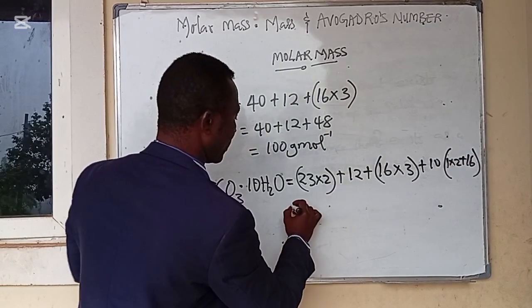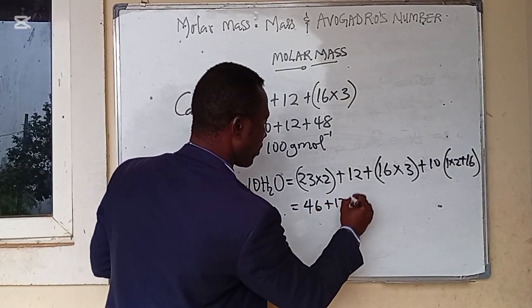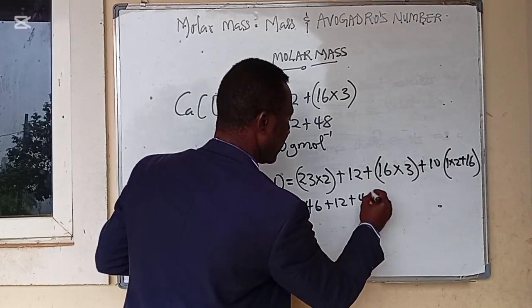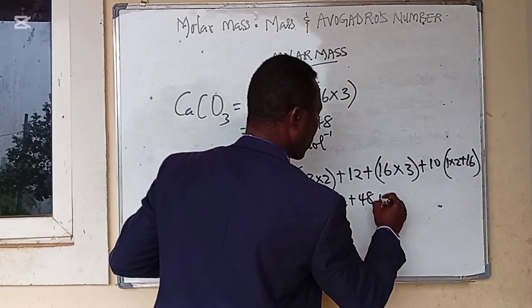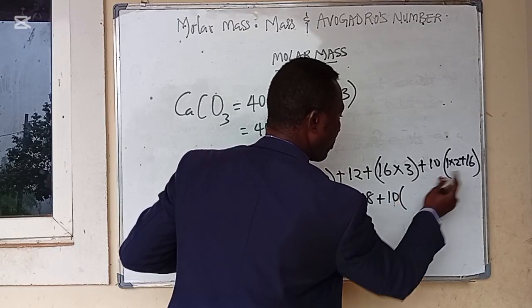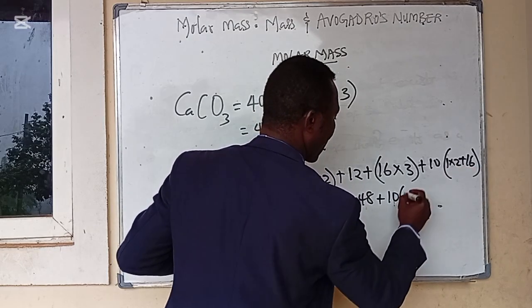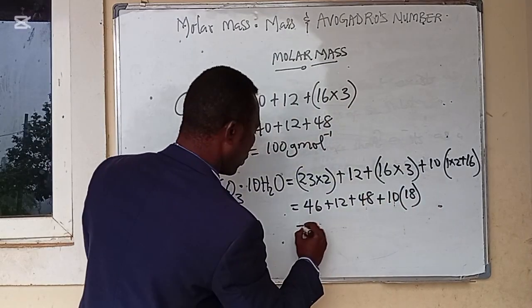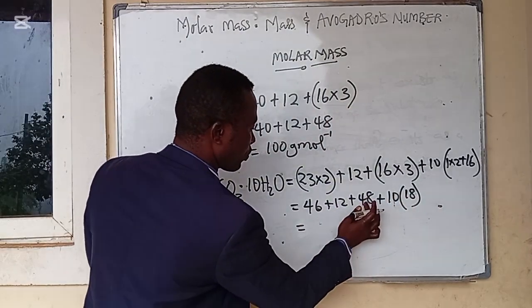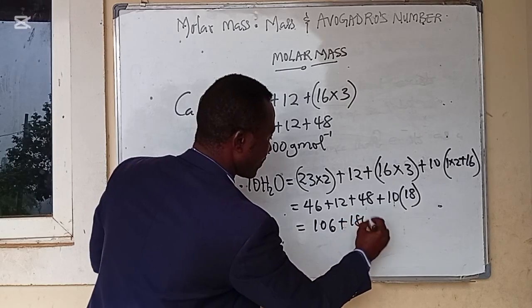So when we multiply this out, we will have 46 plus 12 plus 48, plus 10 times 18. 1 times 2 is 2 plus 16, that is 18. So this plus this will give us 106 plus 180.